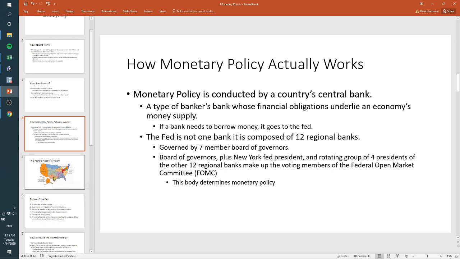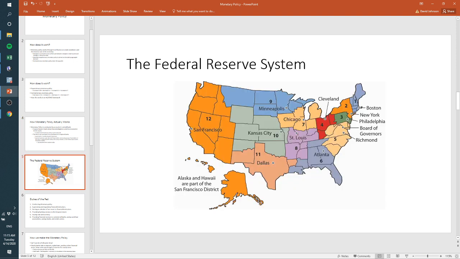So let's take a look at these regions of the Fed. Here are the 12 regional banks in the United States. We have the Western area. We have the Dallas Fed, and the Kansas City Fed, just right down the road, controls this region. The Minneapolis Fed controls this region.